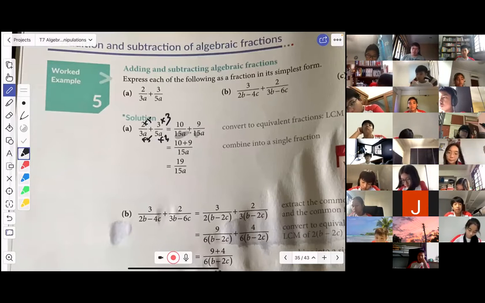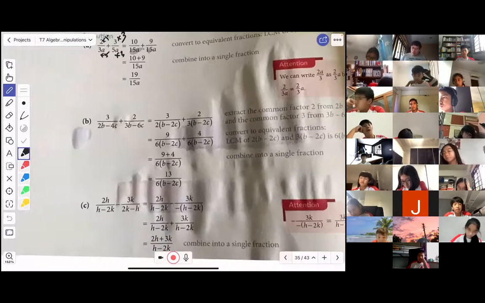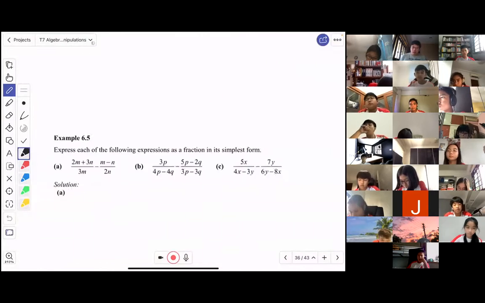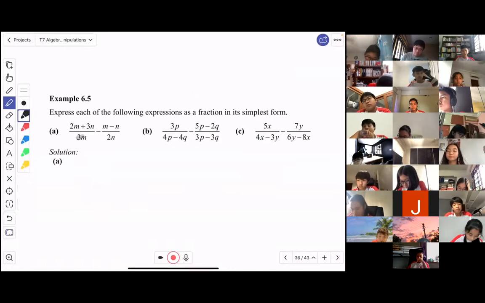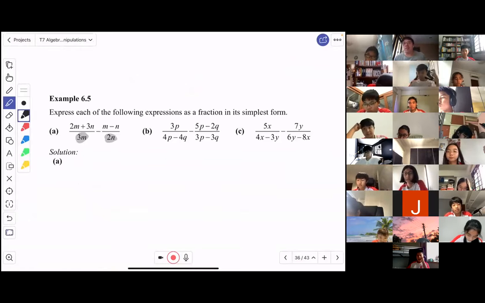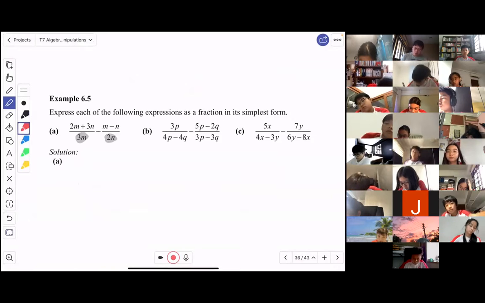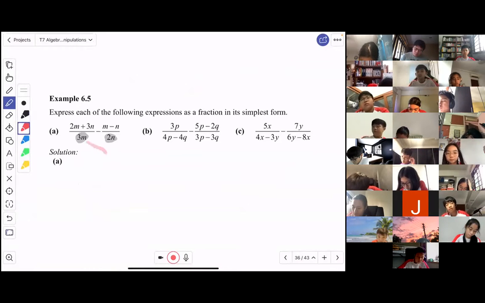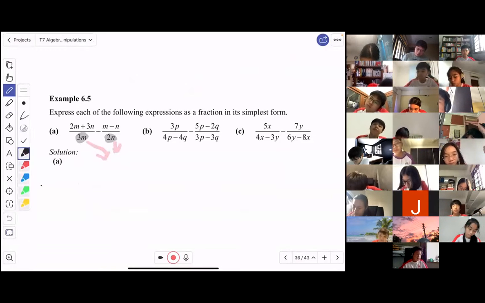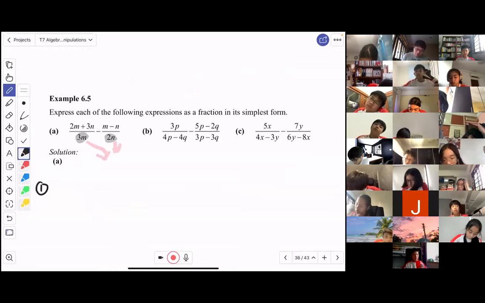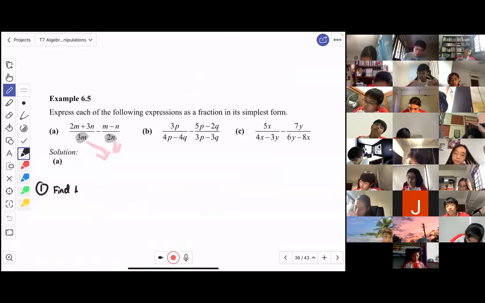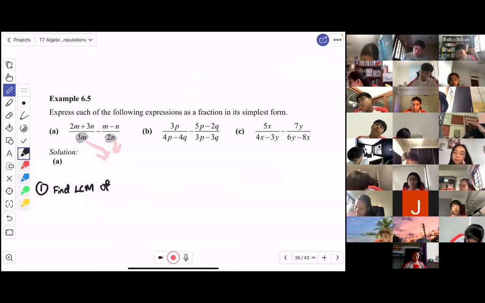It's the same for this question here, 6.5. If I look at 6m, 3m and 2n, definitely they are not the same denominator. So what I do is I create the same denominator. Checkpoint 1: find the LCM of 3m and 2m.